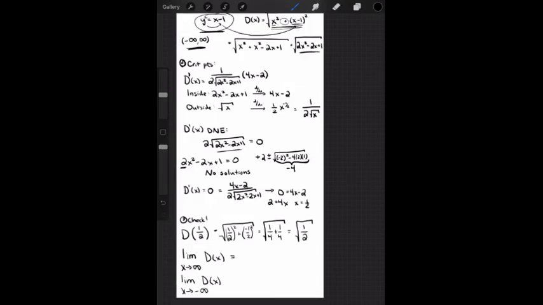So if we think of this function up here, if we let x go to infinity, then so is x squared, and so is x minus 1, and so is x minus 1 squared. So this guy is going off to infinity.